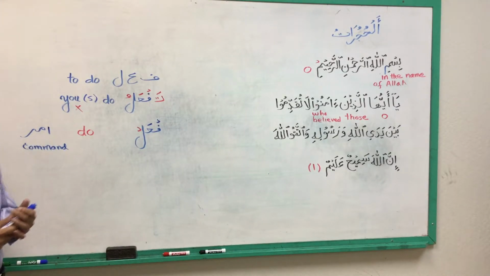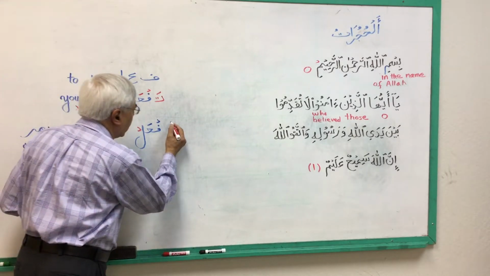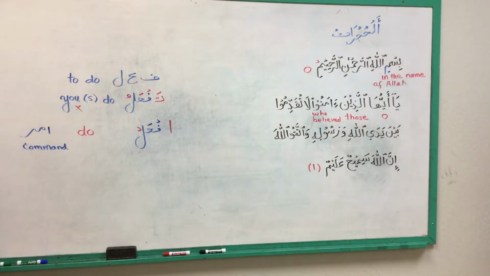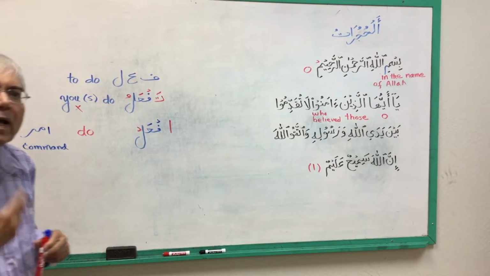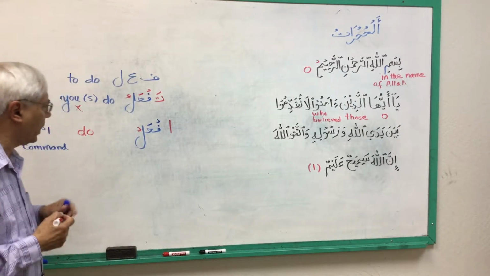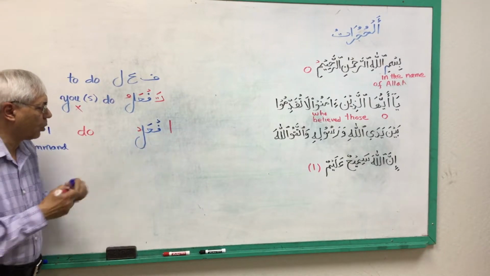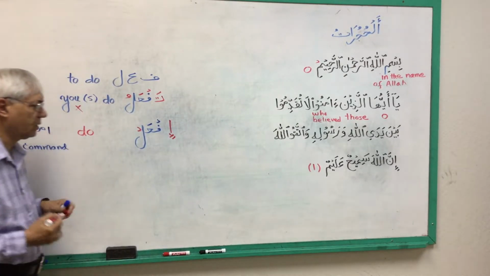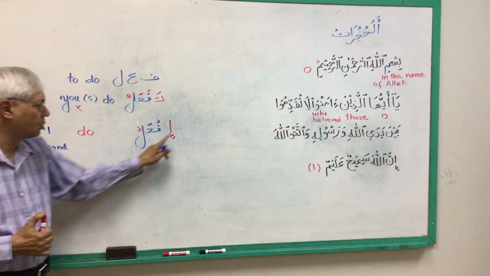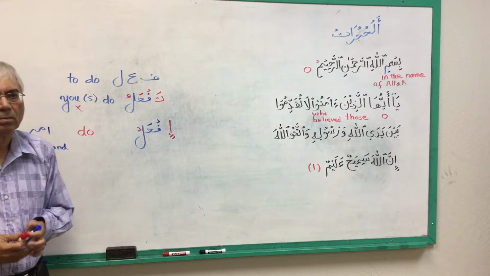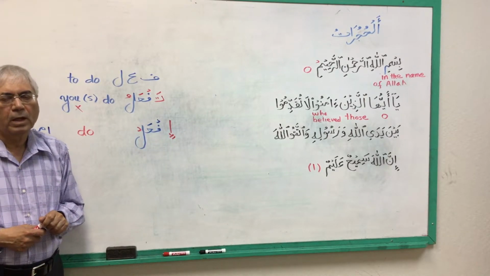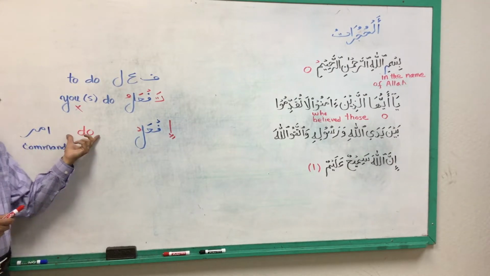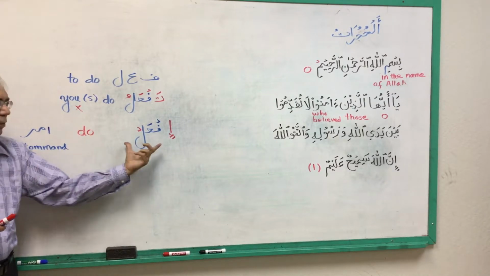So what we do, just to help pronounce, we add an alif in the beginning, and we put a kasra in this case, which is basically the sound of this, and now we can pronounce if'al. If'al. That is the command, that's the order of doing something.